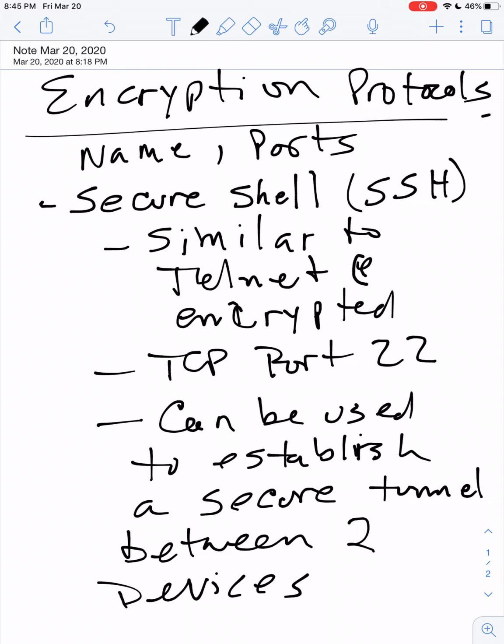So there are a lot of protocols that will use TCP port 22. Secure FTP, for example, is one of them, and that's really just the FTP protocol using SSH as its transport mechanism.